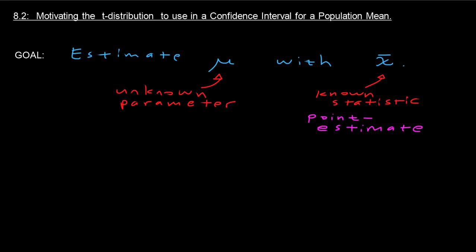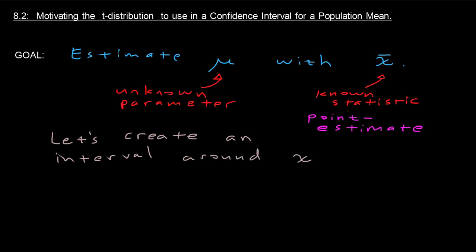So we're going to end up creating what's called a confidence interval. How do we create an interval around x bar such that hopefully that interval will contain the population mean?